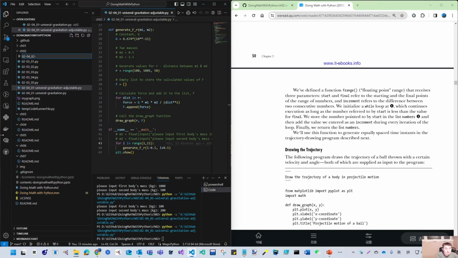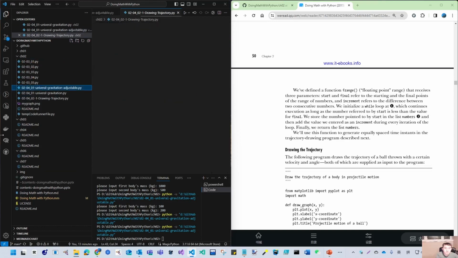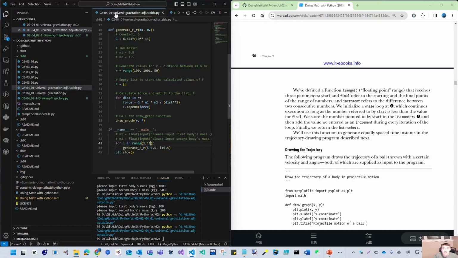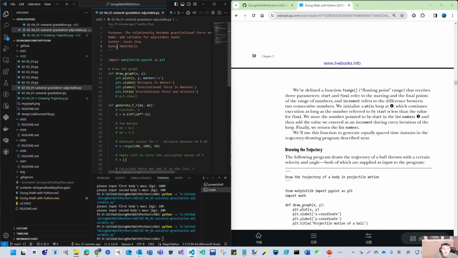So it's drawing trajectory. That is 1, so we call this py. And let's copy this here.